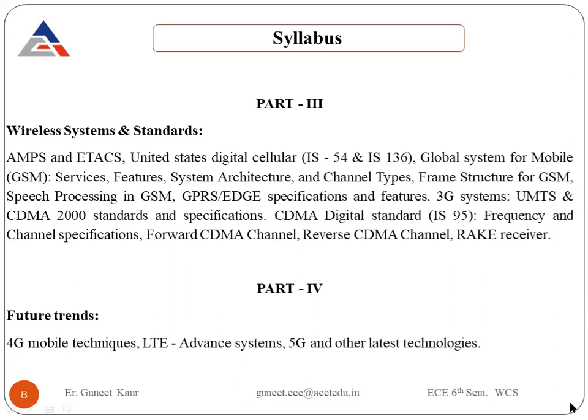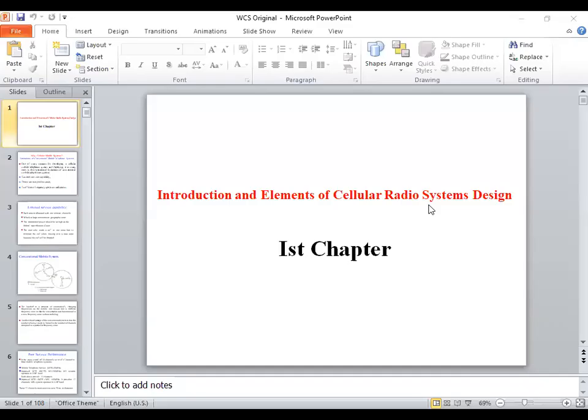Okay. Now further, I will start the first chapter, and we will start the first chapter with the first topic, that is basic cellular system. Now students, I am going to start your first chapter, that is introduction and elements of cellular radio system design.